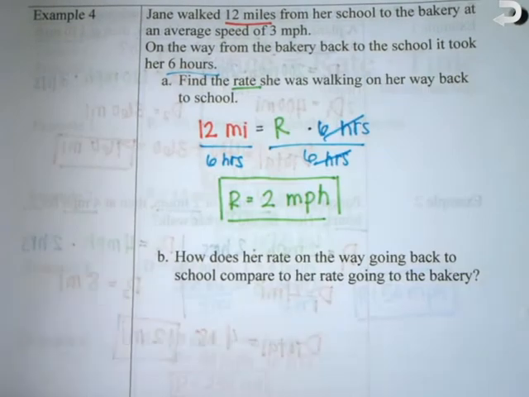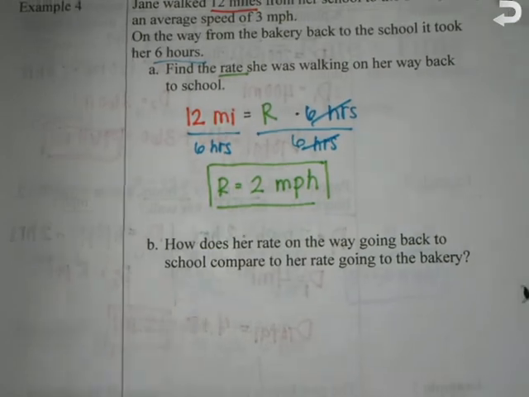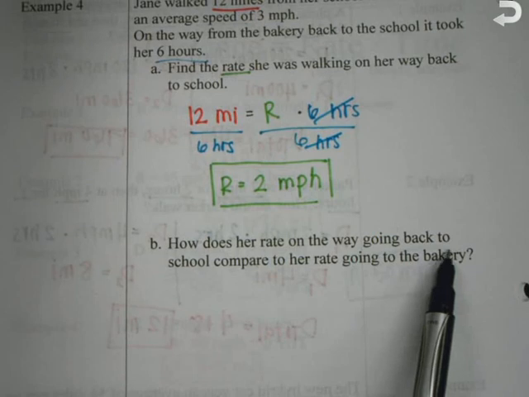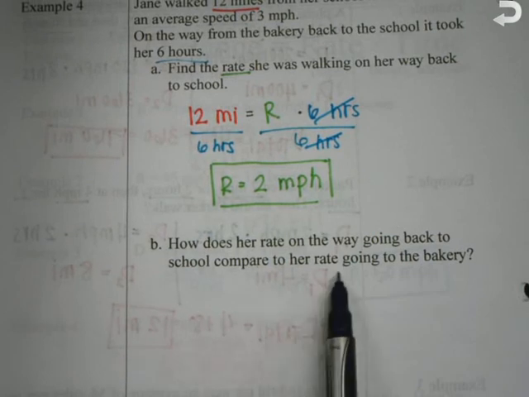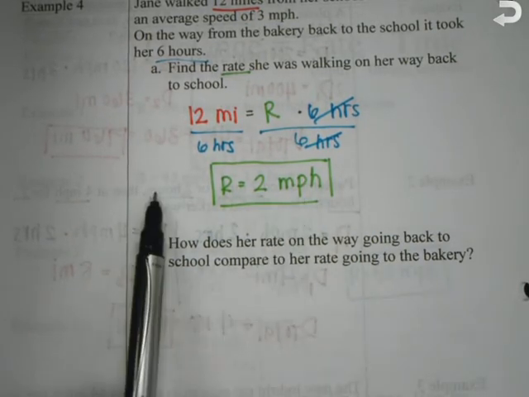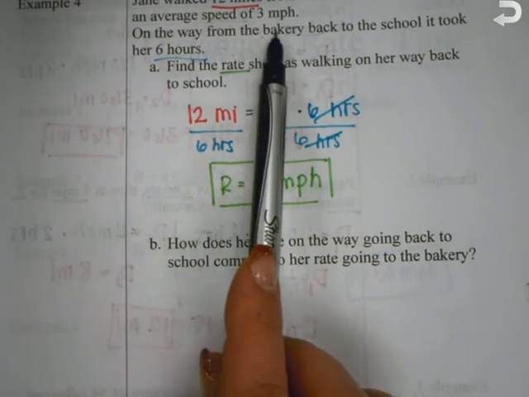Now, how does her rate on the way back to school compare to her rate going to the bakery? Going back to school, she went 2 miles per hour. From school to the bakery, she went 3 miles per hour. So going back to school, was she walking faster or slower?